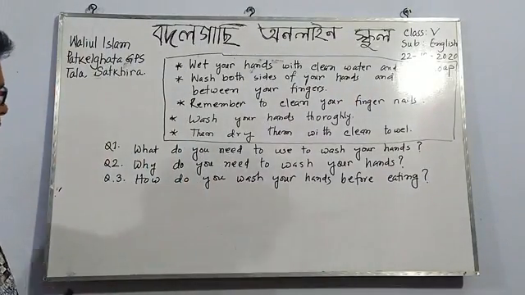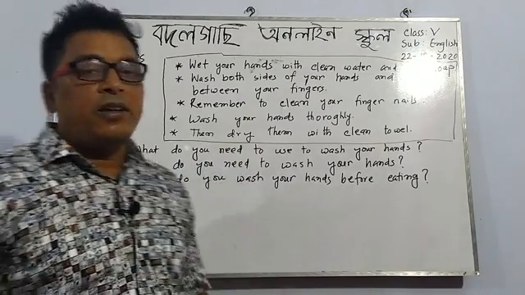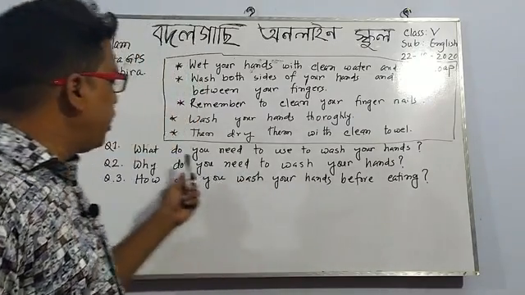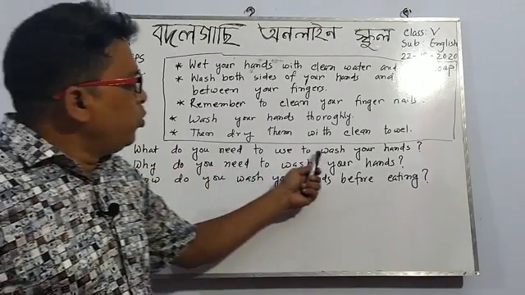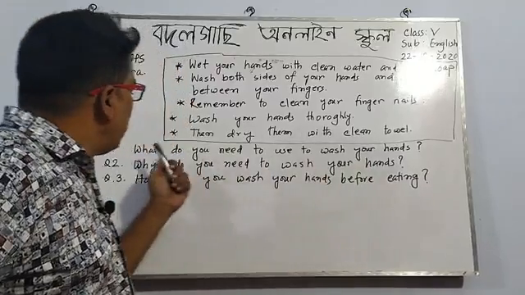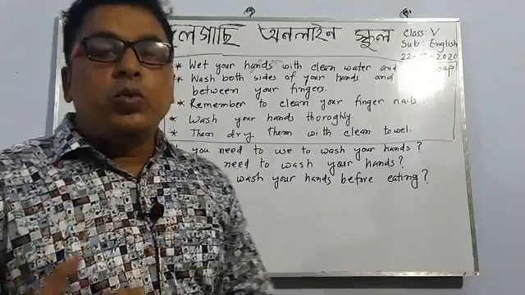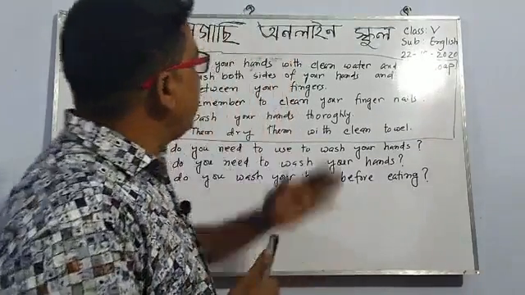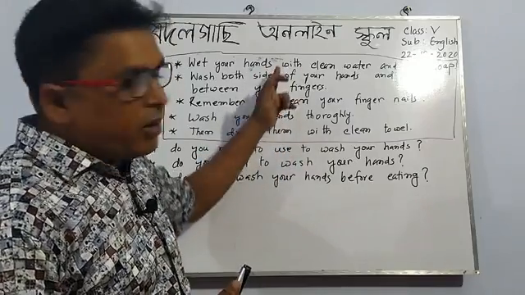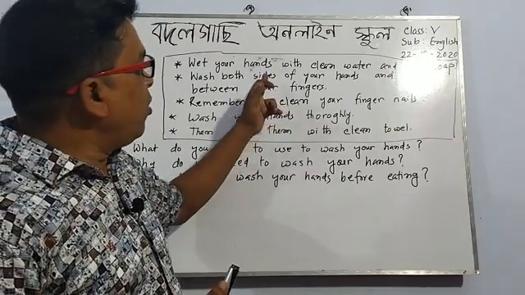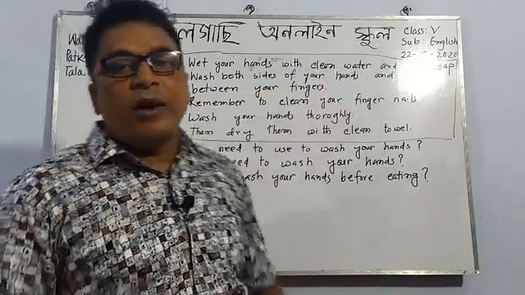Now we try to answer the questions. At first, number 1: What do you need to use to wash your hands? If we follow the instruction, from here we can find out the answer.